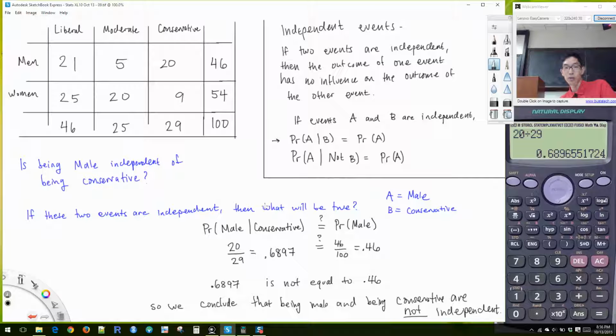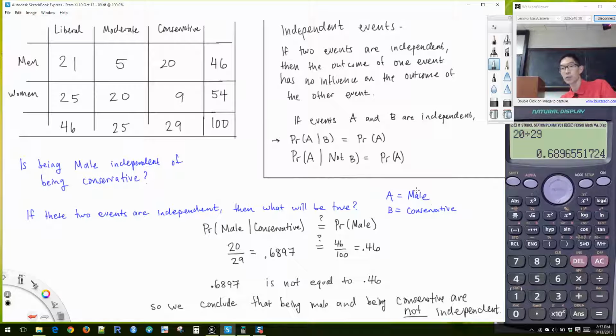And so when I ask this question, is being male independent of being conservative? To answer this, I'm going to see if this relationship holds. If this relationship holds, then that means they are independent. If this relationship does not hold true, then these two things are not independent. So to put these into the equation, I said whenever I see A, I'm going to call that male, and when I see B, I'm going to call that conservative.